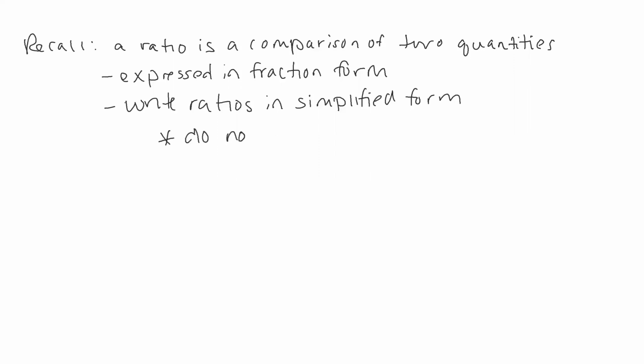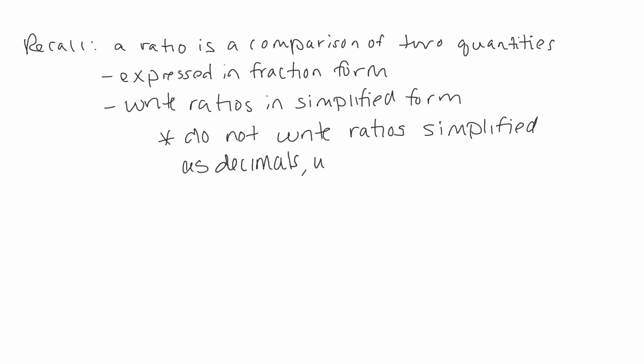Do not write simplified ratios as decimals, whole numbers, or mixed numbers. So for example, if you had a ratio, let's say we had 15 to 10, and it's simplified as 3 to 2, you really do have to leave it 3/2.